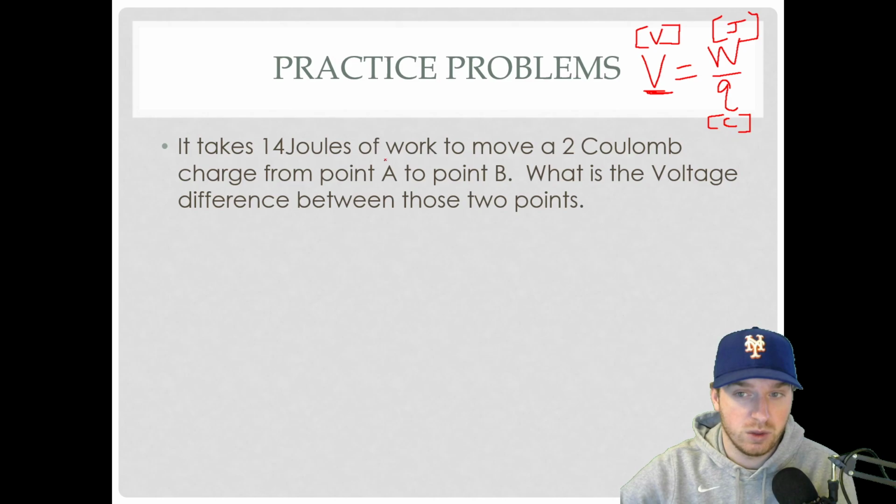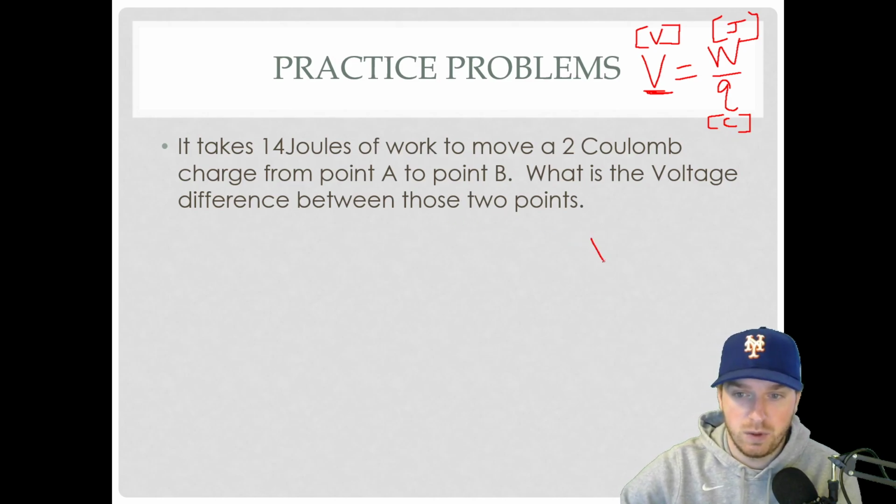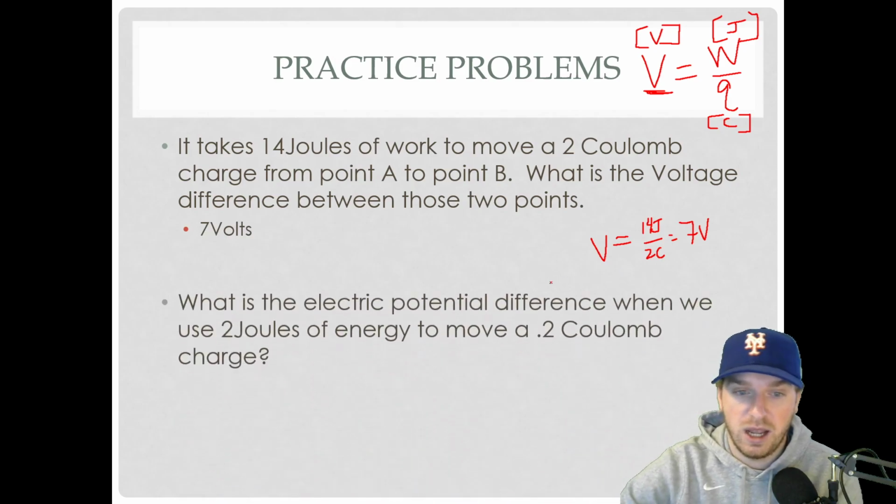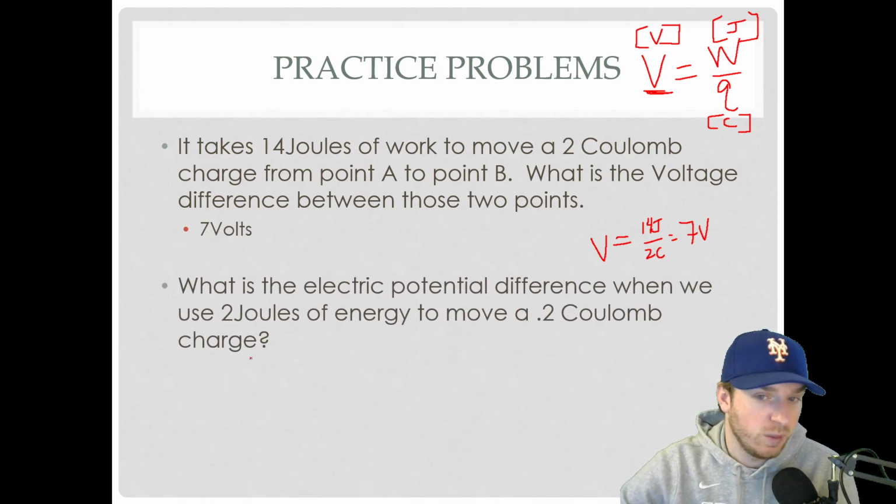So if it takes 14 joules of work to move 2 coulombs of charge from point A to point B, what is the voltage? Well, the voltage is my 14 joules of work for 2 coulombs. So this is 7 volts. Bam, nice and easy. And next one is, what is the electrical potential difference?